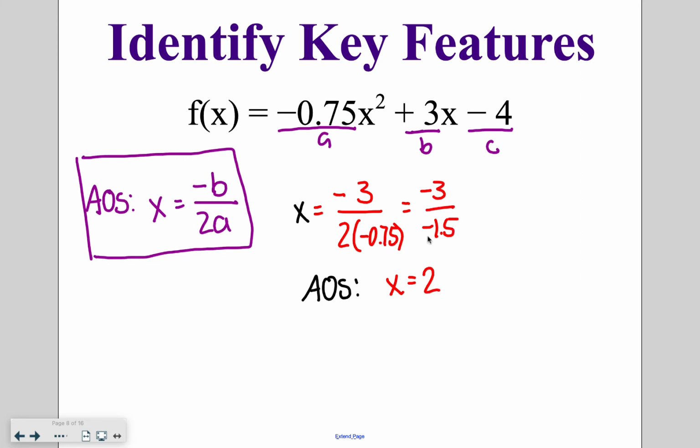So negative divided by a negative is a positive. 3 divided by 1.5 is 2.